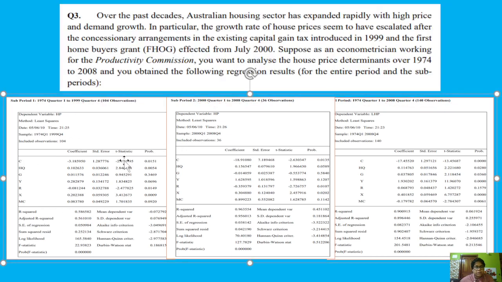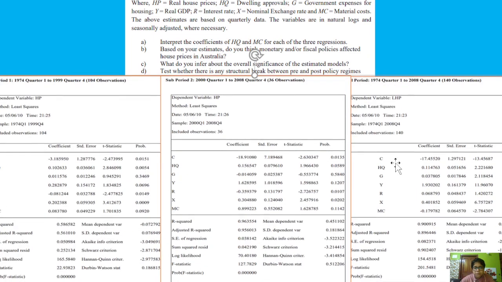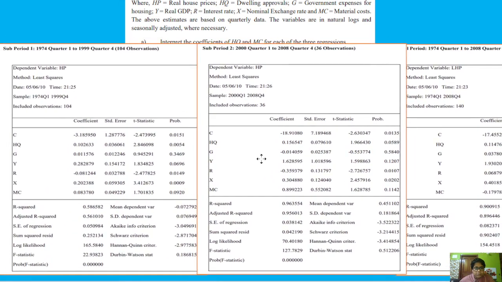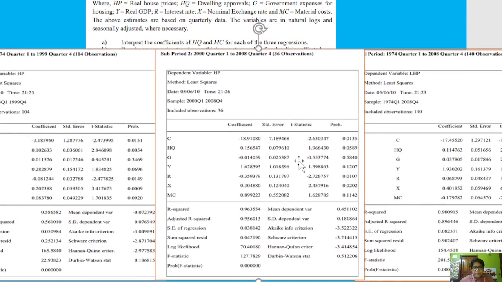After running this we have these results. The regression results are here. I hope you can see this. If you are unable to see these results, just comment on this video and I will provide you this question.